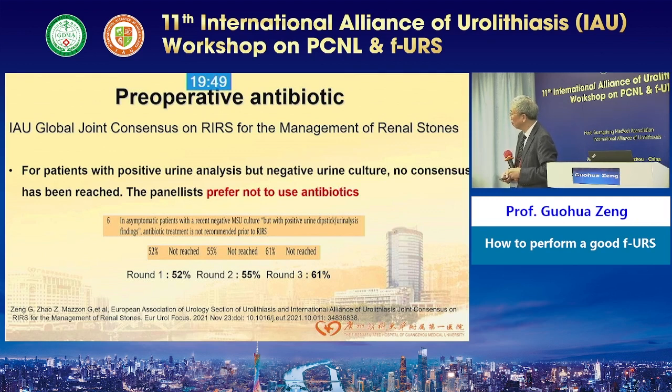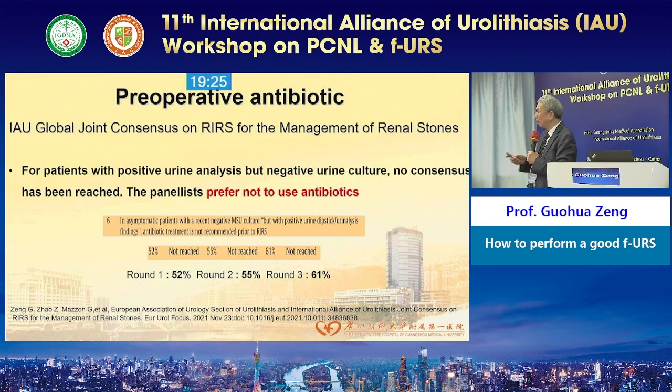And I had sepsis in the operating room. My question is, how can we predict which stones have infection when they have a negative analysis and negative culture? Are there some tools to predict this kind of stone?